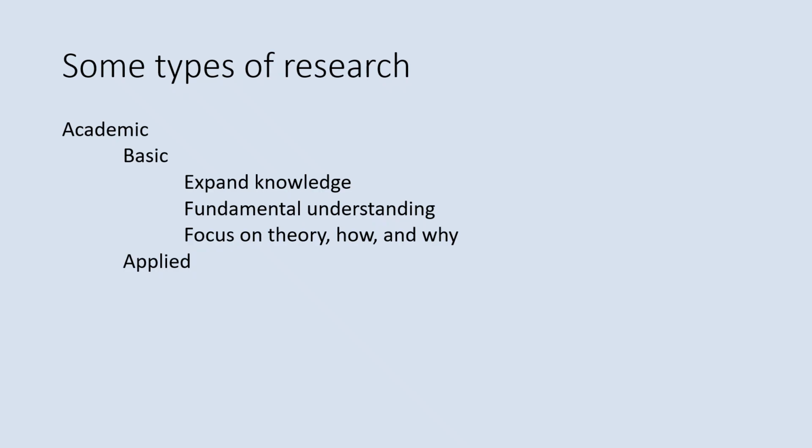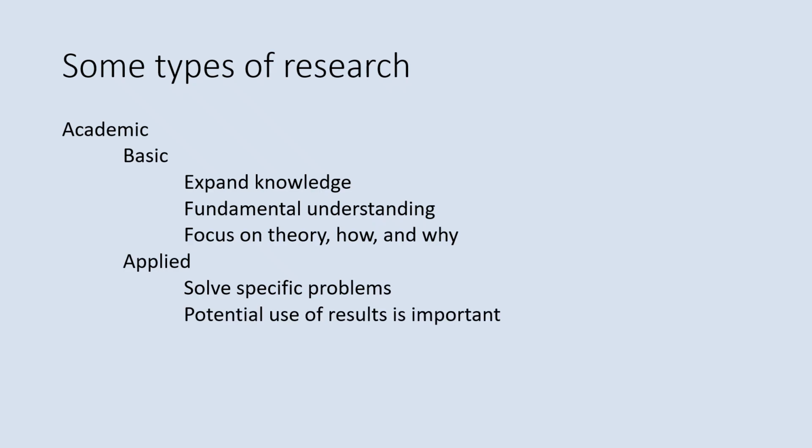And in academic research, there's also applied research, which focuses on solving specific problems. So there's some particular thing that needs to be done. And in an academic setting, that often overlaps considerably with basic research: expanding knowledge, fundamental understanding of something, and using that to solve a particular problem.